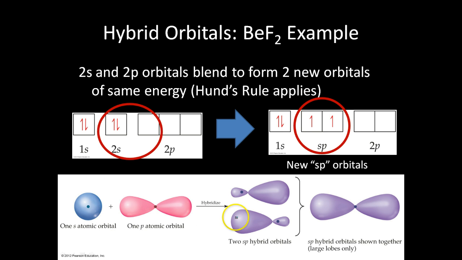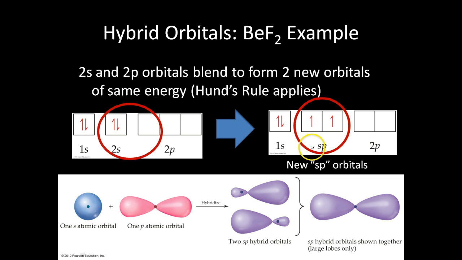If you blend these two together, they end up looking like this, where you have a little lobe on one side and a big lobe on the other. And the other sp orbital looks like a little lobe on one side and the big lobe on the other. But recall that these are always overlapped, and so the sp orbitals shown together look like this big giant p orbital. It looks an awful lot like the p orbital to me, always has.